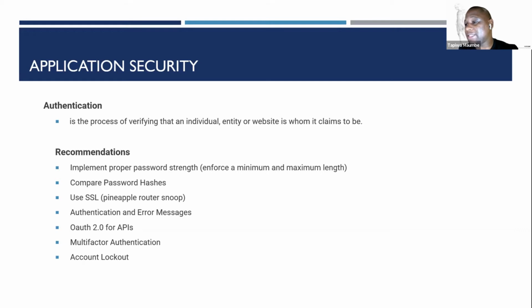Then also practice lockouts: if someone is trying to log in, you can lock out an account if there are too many failed password tries. So these are practices you can follow when dealing with authentication.